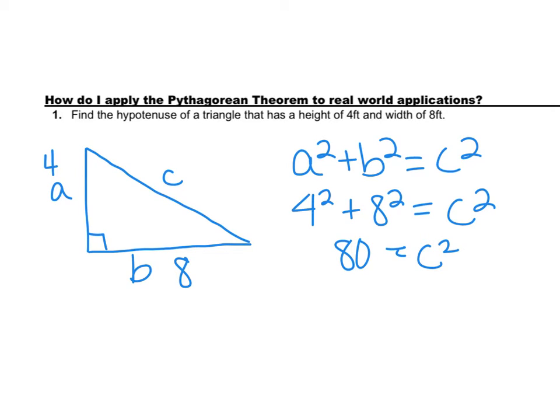Remember, we don't want the c squared, we want just c, so we're going to take the square root of that. And you'll have 8.944 and so forth. So we're just going to round this to the nearest tenth. So we're going to say C is equal to 8.9. So what is the hypotenuse? It's going to be 8.9 feet.